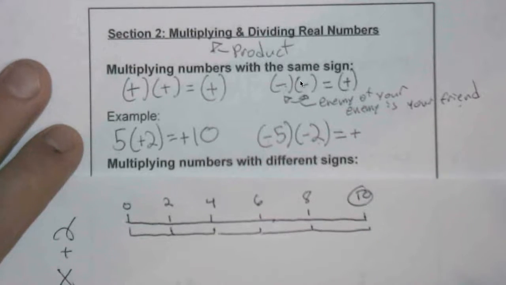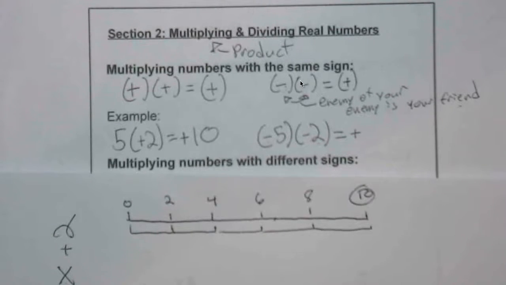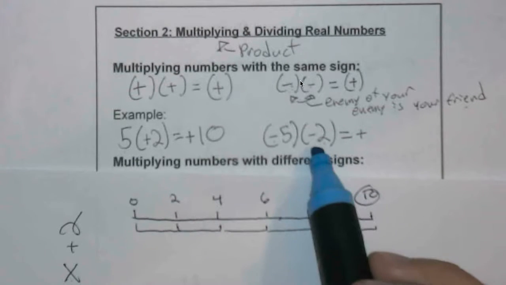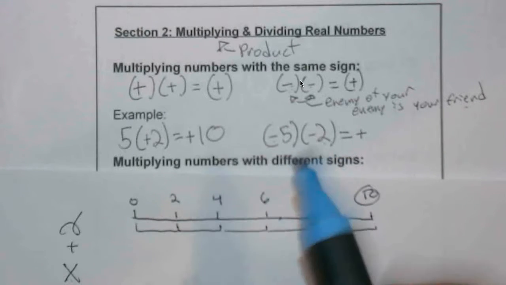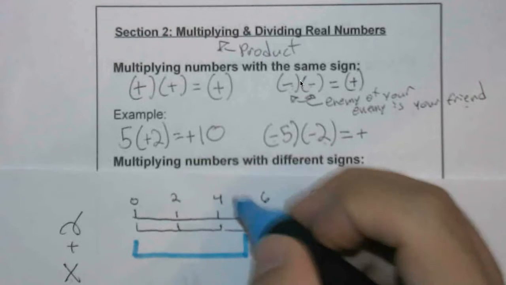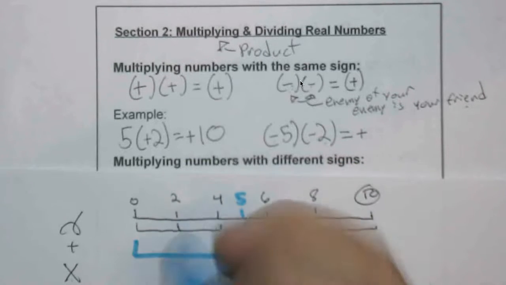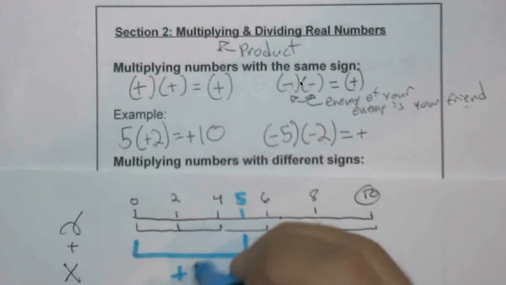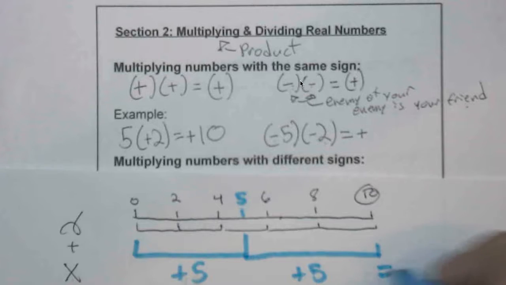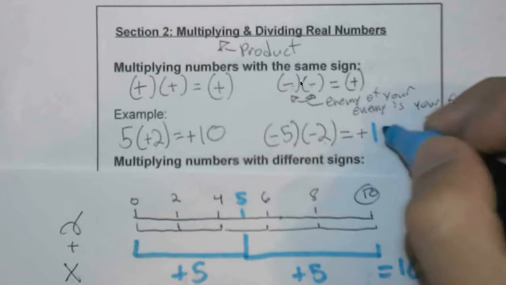Another way you can think of multiplication is that although with this example we have 1, 2, 3, 4, 5 versions of 2, we could also think of this as 2 versions of 5, where in blue, let's say that we have this first version of 5, and if we have this second version of 5 going up to 10, we still have that outcome of positive 10.